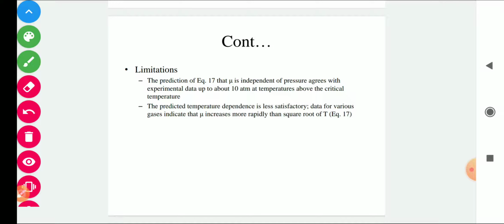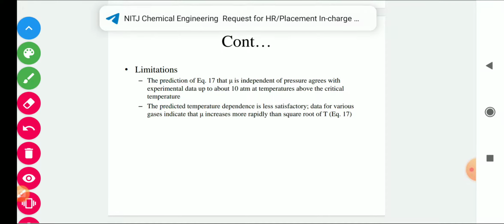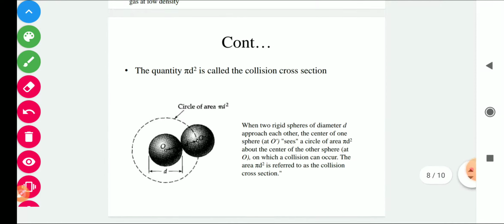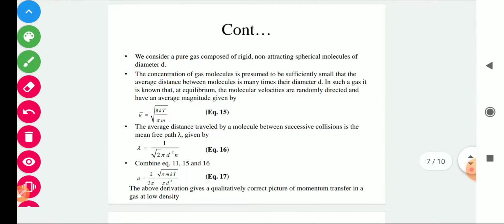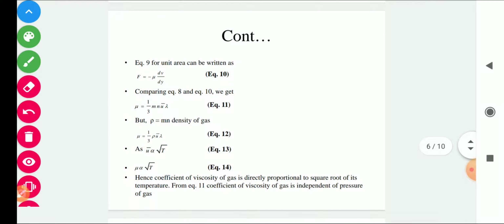For example, the prediction of equation 17 that mu is independent of the pressure agrees with experimental data up to about 10 atmospheres at temperatures about the critical temperature. In equation 11 you can see the viscosity is independent of the pressure as per the kinetic theory of gases, but in actuality this is applicable only up to 10 atmospheres of pressure, and above that the pressure starts affecting the value of viscosity.